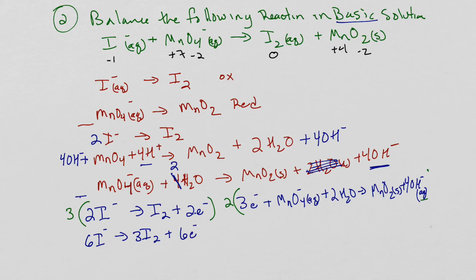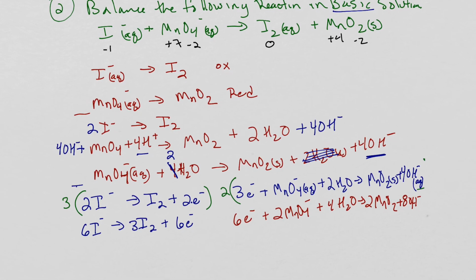And on this side, I'm going to do it in another color so it stands out: 6 electrons plus 2 MnO4 minus plus 4 waters goes to 2 MnO2s plus 8 hydroxides. Okay, so now we have balanced with electrons.